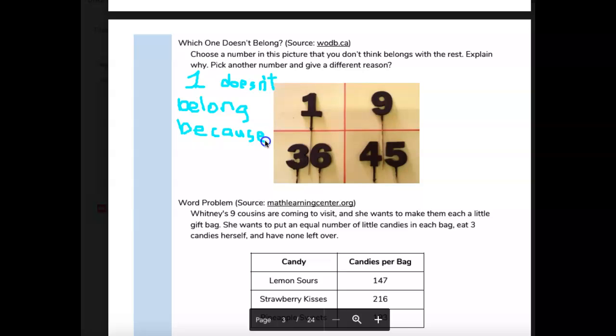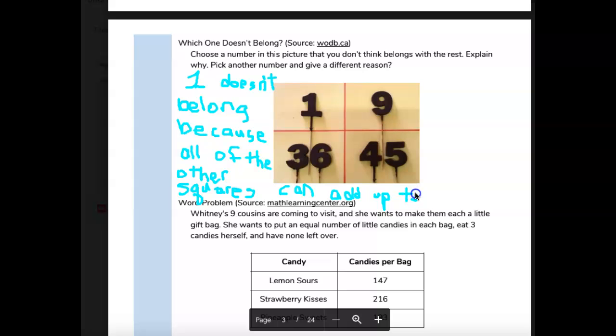all of the other squares, sorry guys, this takes a long time with this marker, all of the other squares can add up, or equal.